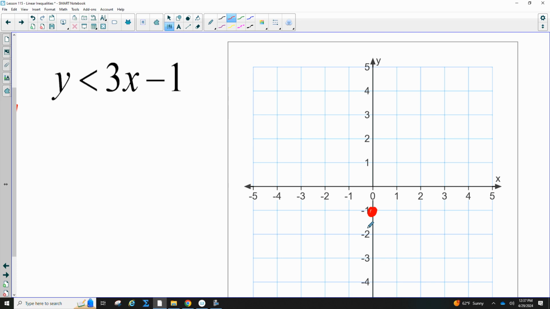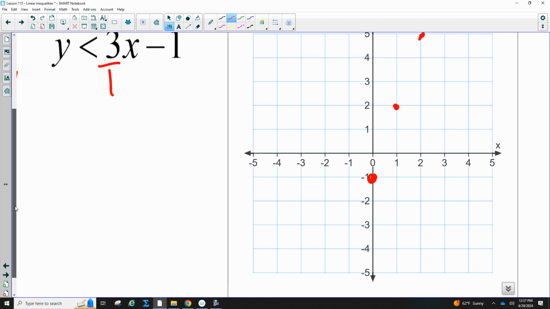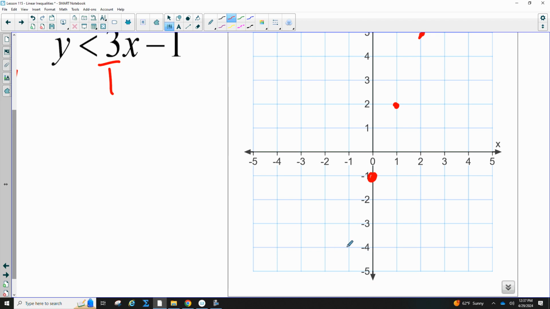And what is the slope? 3/1. Both are positive, so we start here and go up 3, right 1. Up 3, right 1. You could also go down 3, left 1.